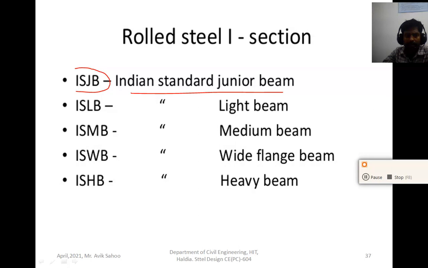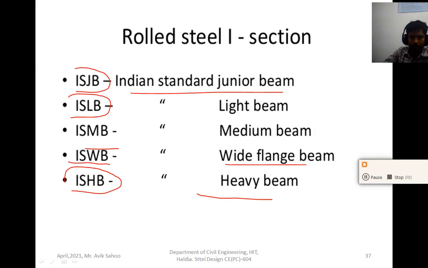Then ISLB, Indian Standard Light Beam, then ISMB, Indian Standard Medium Beam, then ISWB, Indian Standard Wide Flange Beam, and lastly Indian Standard Heavy Beam. So these types of beams are available, and when we design members, we have to design using those sections.